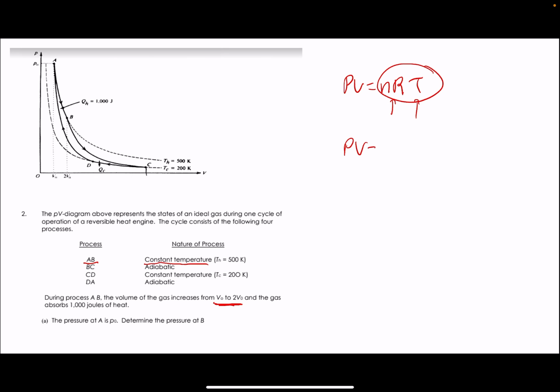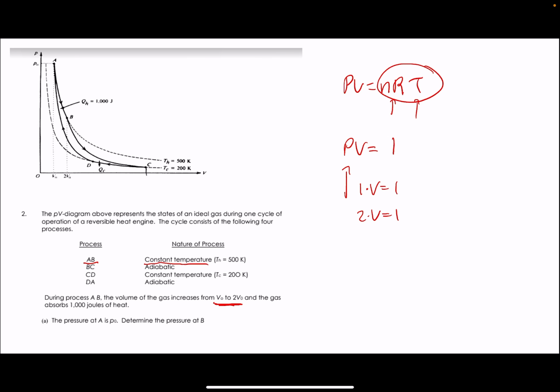So if we think about that, let's just say that it's equal to 1, right? It's some constant number. Let's say 1. Why not? If P is going to increase, okay? Let's say P goes from 1 to 2. So we have this equation: 1 times V equals 1, and then 2V equals 1.